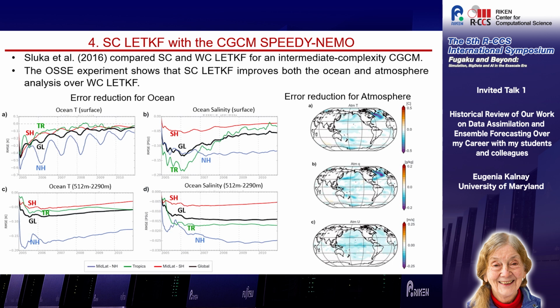My graduate student Travis Sluka compared the strongly coupled and weakly coupled LETKF with an intermediate complexity global climate model. We found that strongly coupled approach not only improves the ocean analysis, but also the atmosphere analysis.